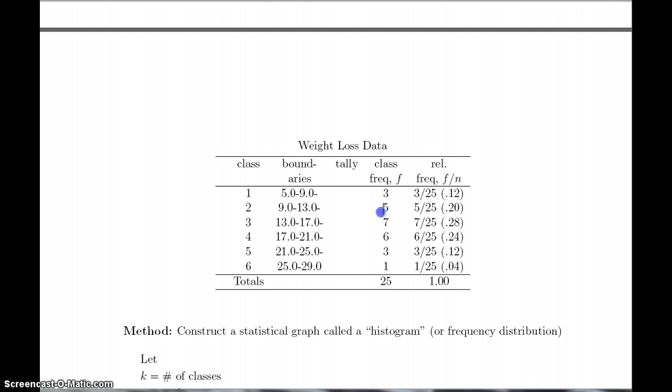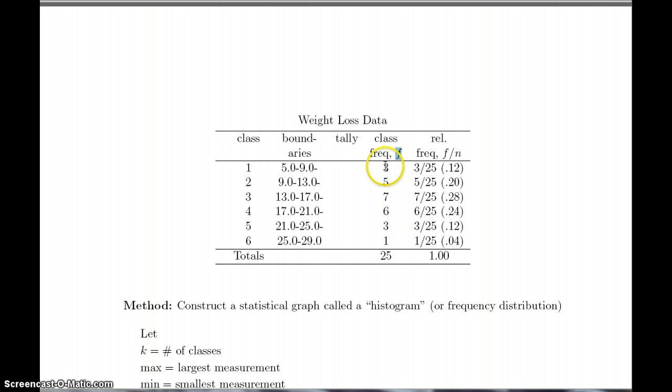That's the sum of these, we call them frequencies. So this is just a notation for frequencies. F stands for frequencies. The second thing we're going to do is this. We're going to take each one of these measurements and divide by 25. So it becomes a fraction. That's the fraction of measurements that fall in each one of these classes. And we call these relative frequencies. Since the frequency is f, and we're going to use n for the sample size, that's f divided by n.